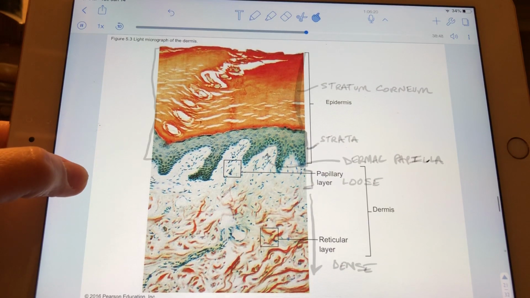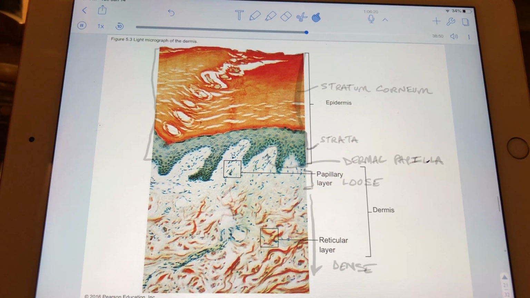Moving on to slide 21. Slide 21 is really important because the way that this image is both stained and colorized really helps drive home how different the layers of the dermis are in appearance from each other, but it also helps me to explain to students what is and isn't epidermis.